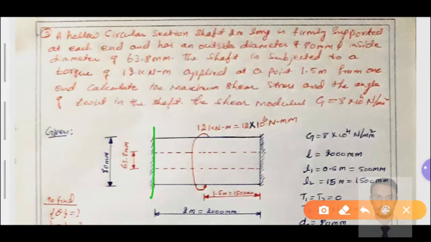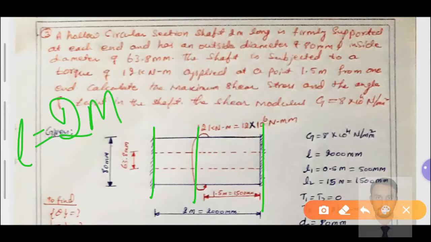See here, the distance from the left hand corner towards this applied load is not equal to this other distance. Why? The total length of the element is equal to 2 meter. Torque has been applied from one end, that is L2. This is element number 2, and I have considered this element number 1. L2 is given as 1.5 meters.